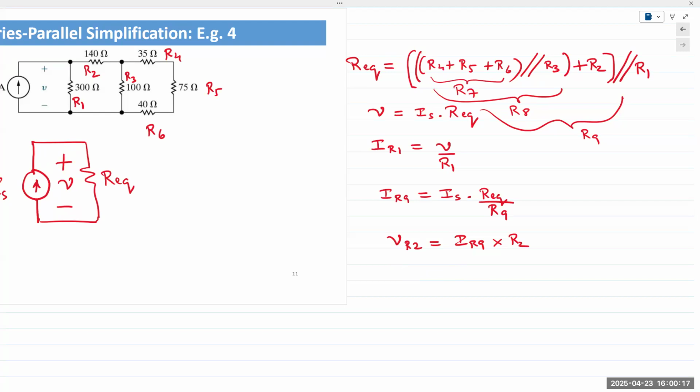VR8 is total voltage V minus VR2. Once you have VR8, you can again apply voltage division and/or current division and/or Ohm's law to find the voltages and the currents on the far right of the circuit.